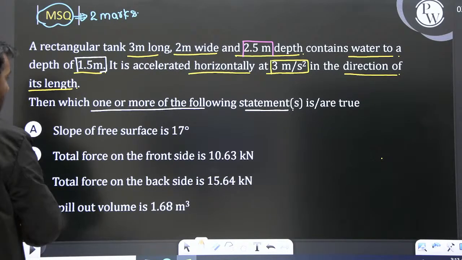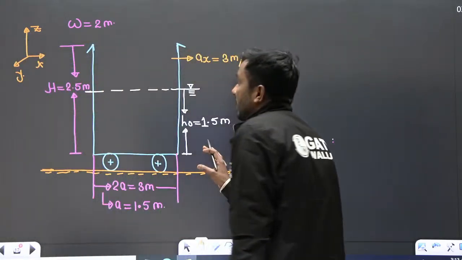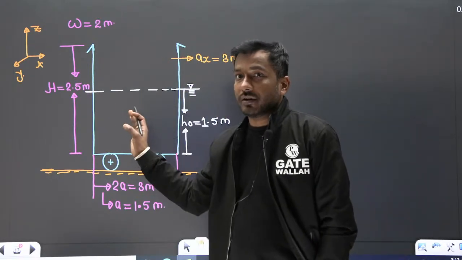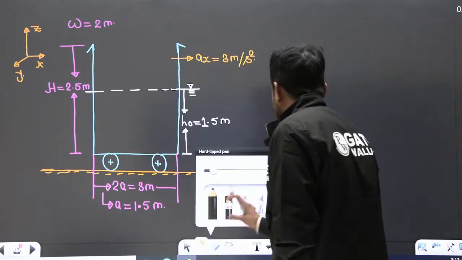Spill out the value. See, in this type of problem, first you need to check whether fluid spills out or not. So what is the condition for the spill out?